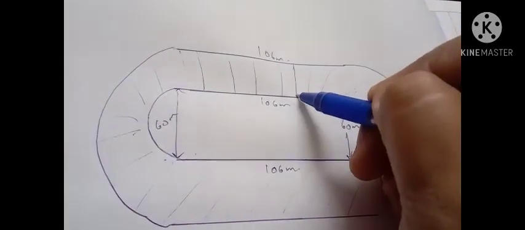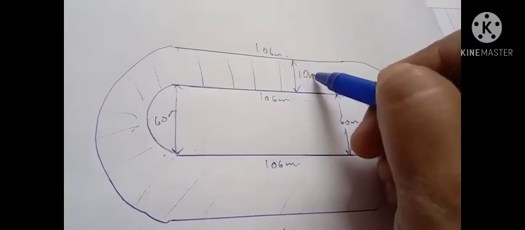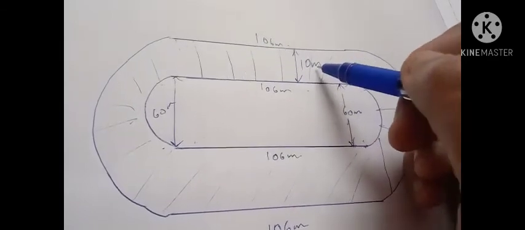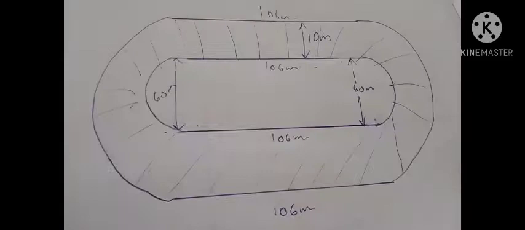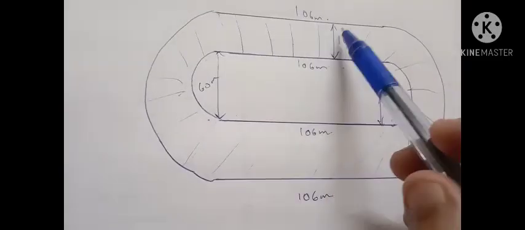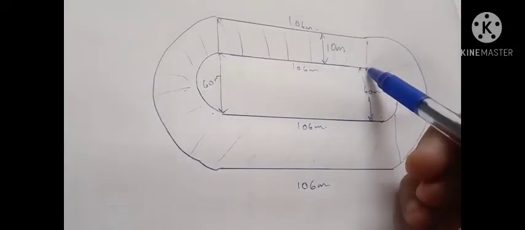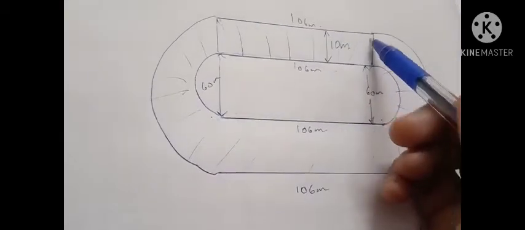The width is given in the question as 10 meter. Okay. So here how will we get the area of this track? We can split this track into 4 parts. One part is this rectangle with length 106, breadth 10.